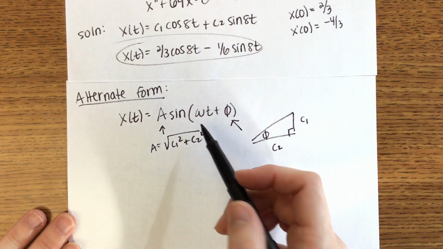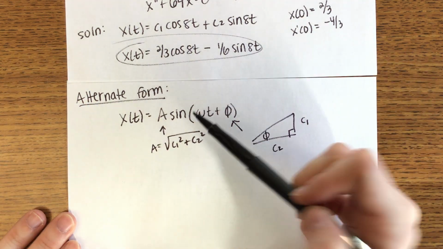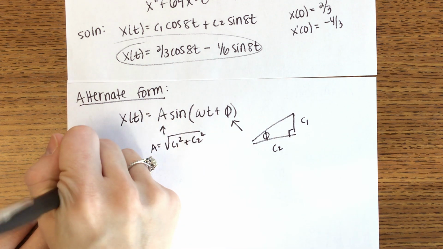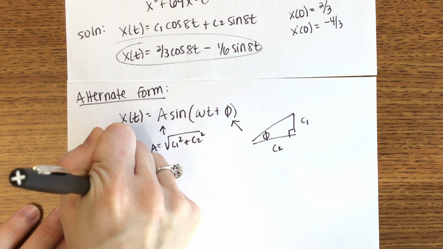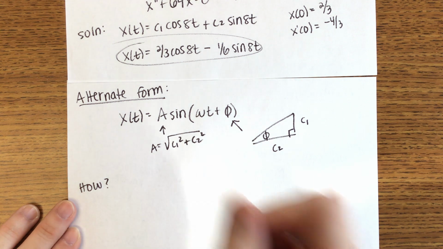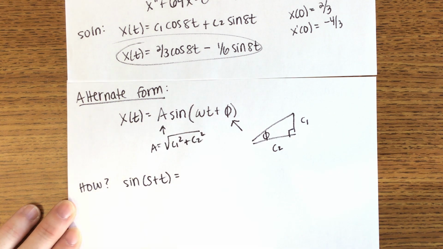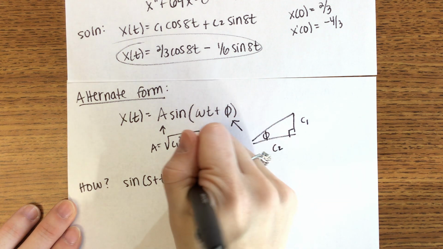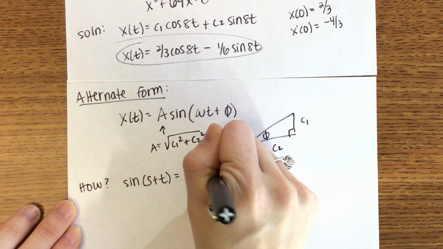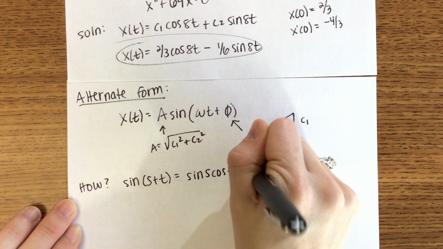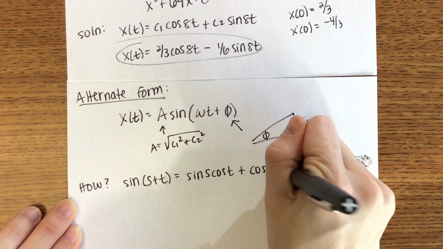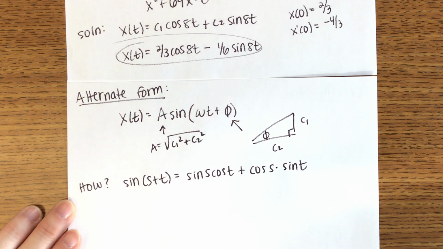Okay, now the question is, why are we allowed to do this? Why can we just take those two and combine it in this way? So we're going to talk about why we're allowed to do that. First thing we need to remember, sine of s plus t is equal to sine of s cosine of t plus cosine of s times sine of t.